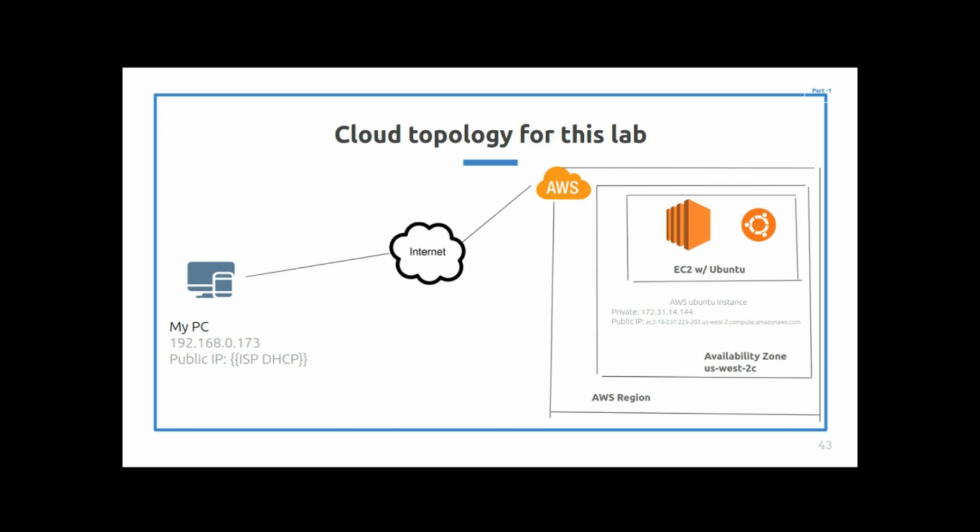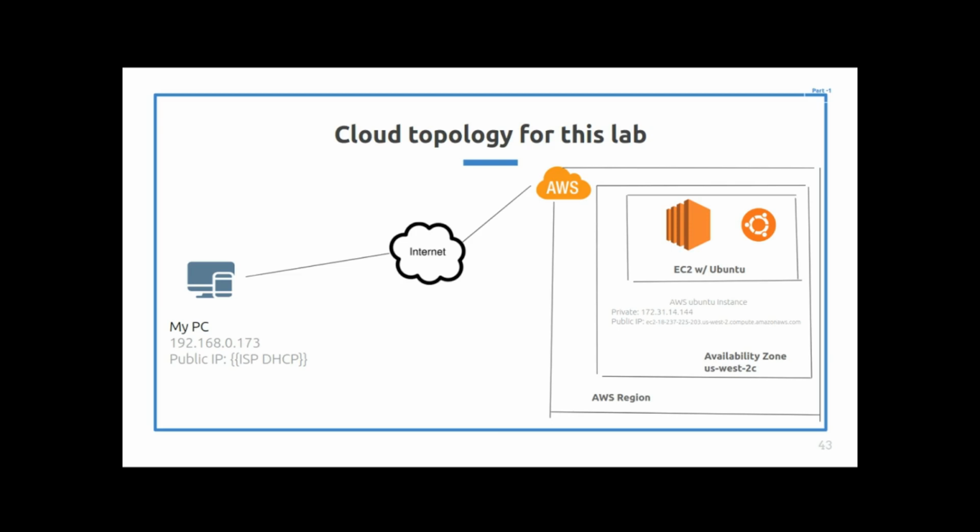I set up the EC2 instance through the dashboard, and it gave me the private IP address, and gave me a public facing IP address that you can go to, and then you can SSH. So that's public facing. What I'm doing is I'm going to the back end through the internet through an SSH connection, and then configuring the Ubuntu server on the EC2 from my PC.